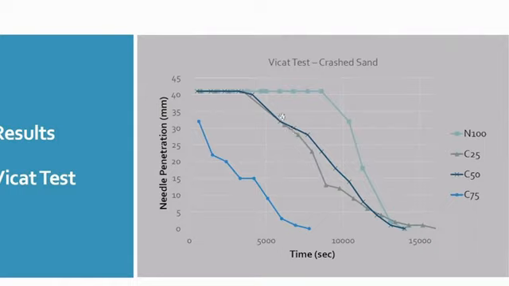You can see that although the final setting time is the same, the initial setting time starts about 1 hour earlier. And here you can see when we replace 75% of the sand, the setting time is much earlier and the mixture is not workable.